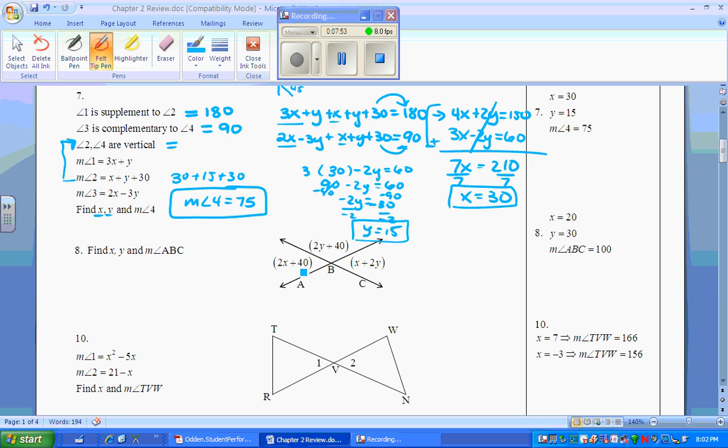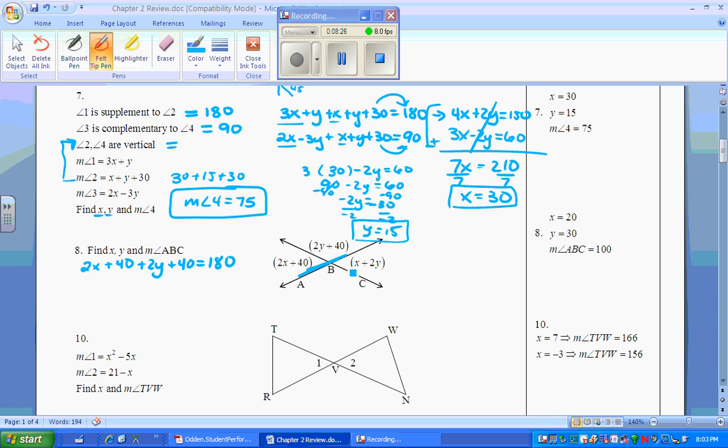Number 8, we have x and y again, so it's kind of like a system. We need to find x, y, and then a, b, c, so this angle here. Well, what do we know? We know first off that these two angles right here add to equal 180, so I could make a system once again. I could say 2x plus 40 plus 2y plus 40 equals 180.